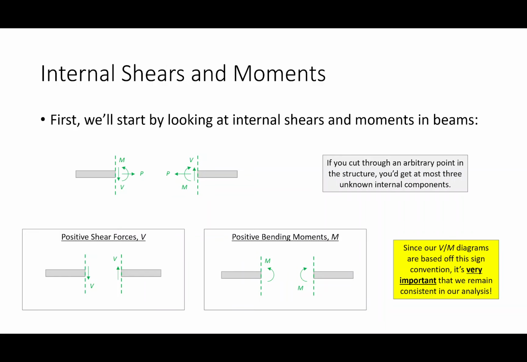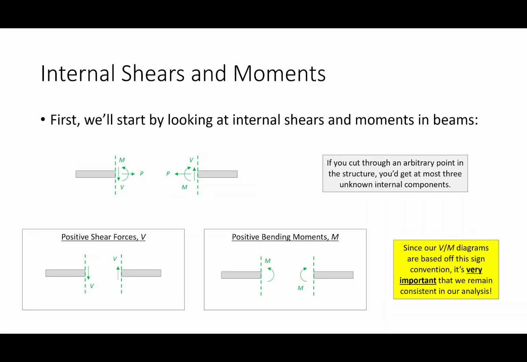The sign convention matters. When I break out the secret weapon of structural engineering and I cut a section, I split the structure into two separate free body diagrams. Remember, if I'm sitting on the table right here and Mr. Foster breaks out the lightsaber and cuts the table right here, I'm falling to the ground, because right at this point there are internal forces that are keeping me up, keeping me in equilibrium.